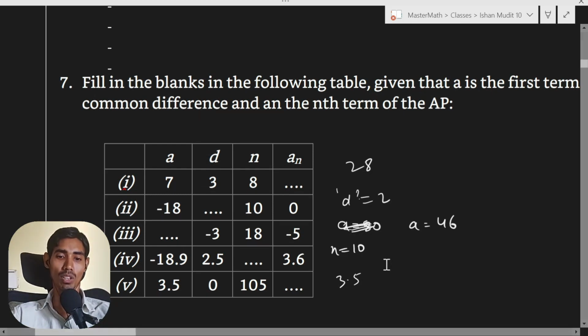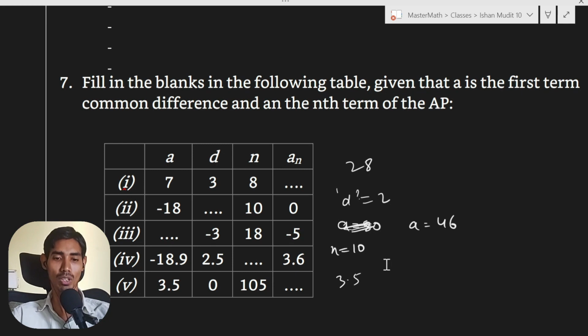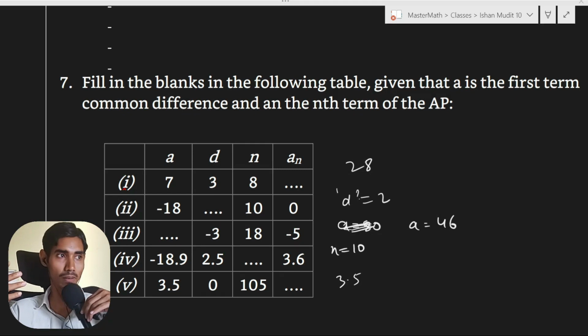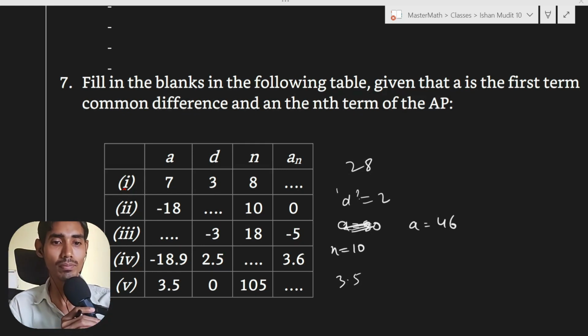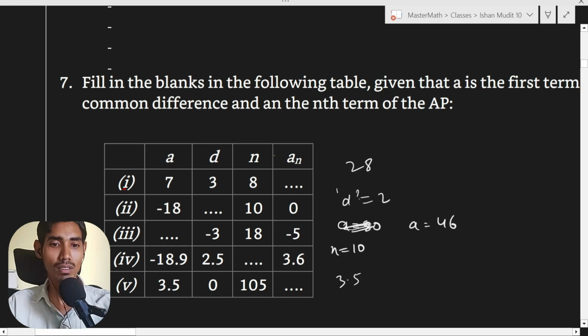Please try this whole table. We'll do 1, 2, whatever time permits. All parts we have to do, and if you are able to do this, you will get a lot of basics clear. Just try. Let me raise the answers.